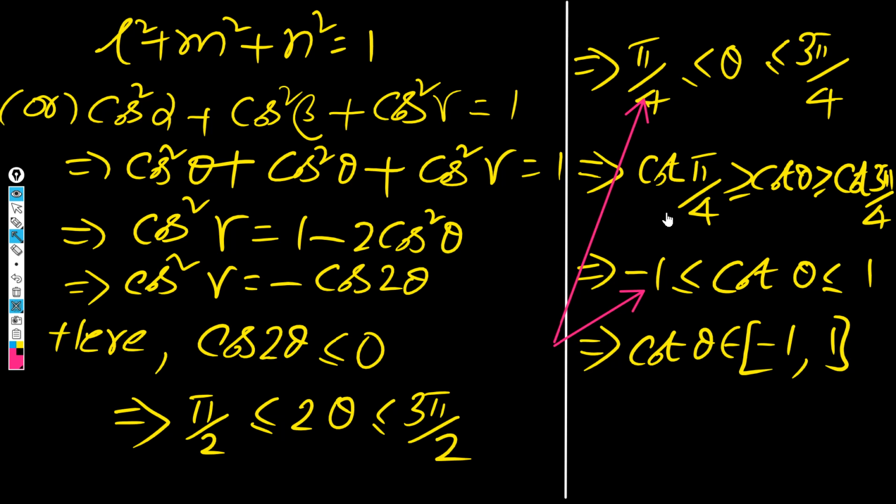A monotonically decreasing function is cot. That is the reason why whenever you apply cot to a range like this, the inequality reverses. If you apply tan, it remains the same. But we are applying cot here. That is why I reverse the inequality here. Cot pi by 4 is greater than or equal to cot theta, which is greater than or equal to cot 3 pi by 4.